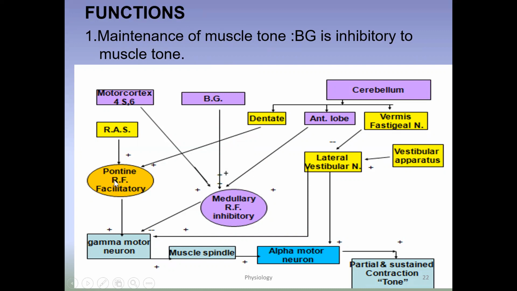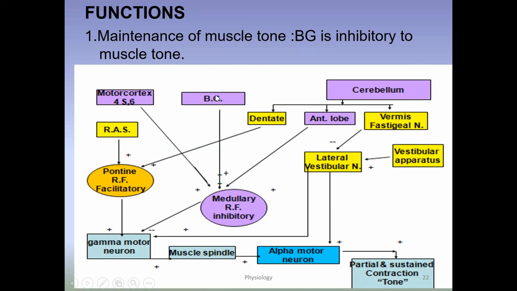That means the pontine area continuously sends excitatory signals to the gamma motor neuron, while the medulla causes inhibition of gamma motor neuron discharge. The gamma motor neuron has two components, static and dynamic, over the muscle spindle, and it controls the muscle tone. We saw this in the last lecture on the reticular formation.